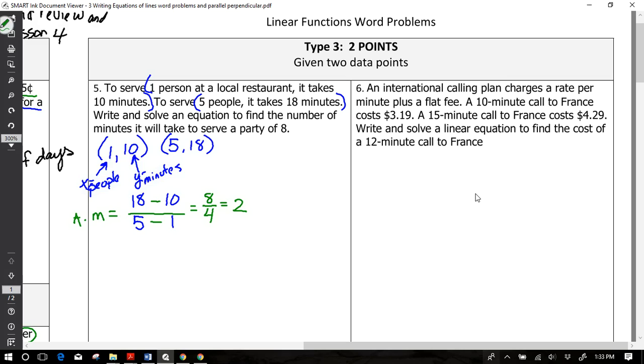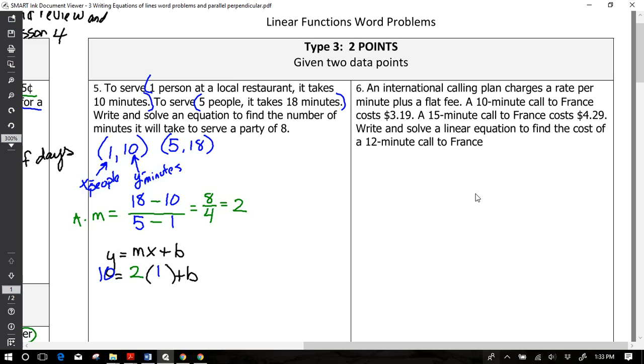What I need to do now is to choose one of the ordered pairs that I will use. So I'm going to go ahead with the 1 and the 10. I'll use that. And I'm going to plug those 3 pieces of information into y equals mx plus b, and I will solve for the b. So my slope is 2. The ordered pair I'm using is x equals 1 and y equals 10.